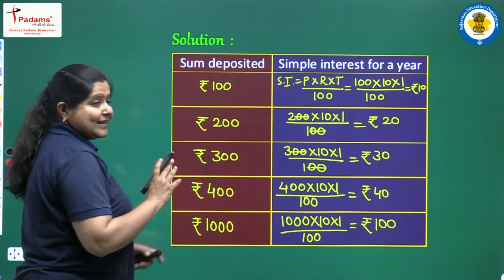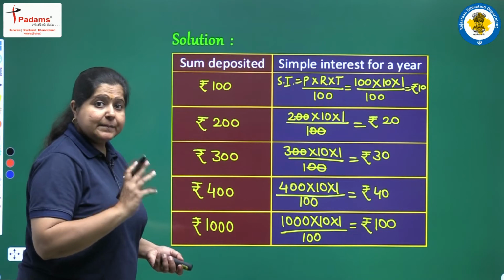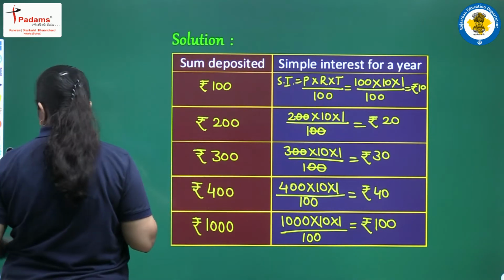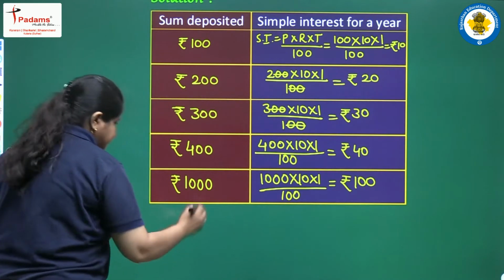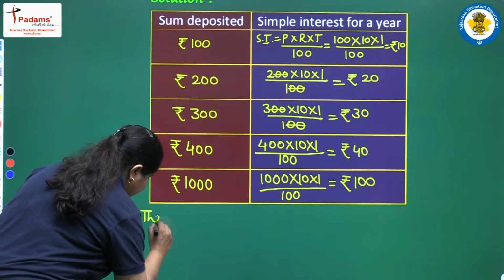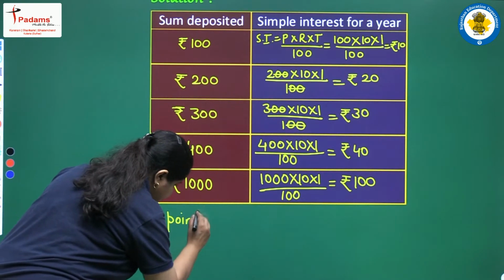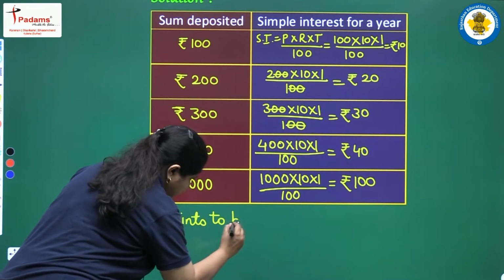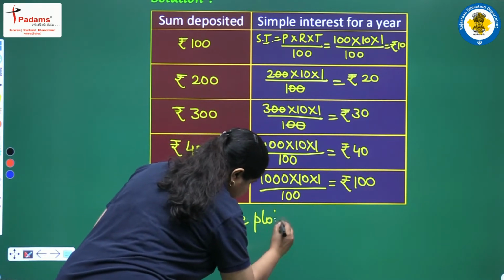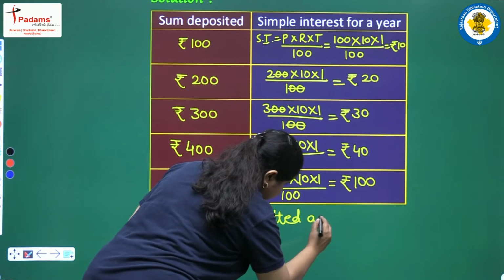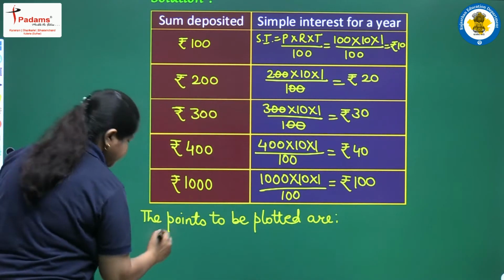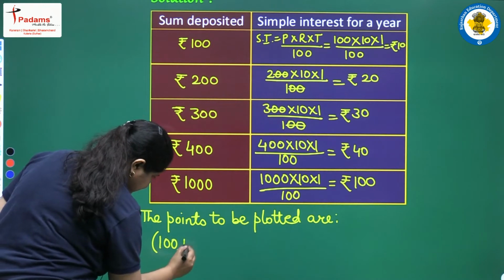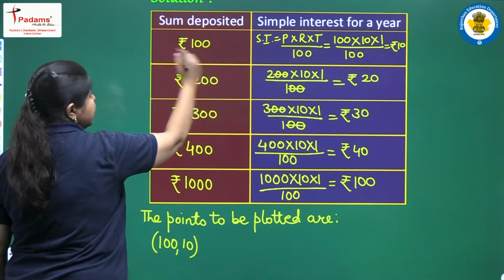Now we have the table, the data, and now we will be plotting the graph. For this first we write down the points that need to be plotted. The points to be plotted are: 100 and 10, यहाँ से 100 ले रहे हैं, वहाँ से 10.